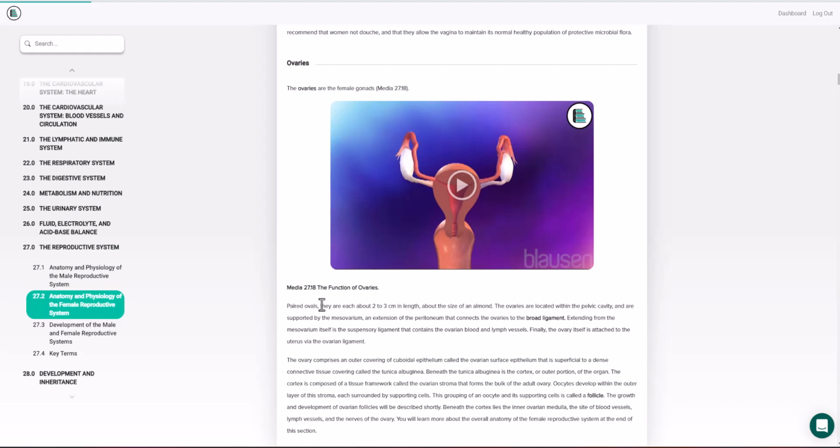So we're going to call these homologous structures. I'll show you a table of these in a few minutes. But we'll see that there are similar, or homo, right? Similar homologous structures between the male and the female.